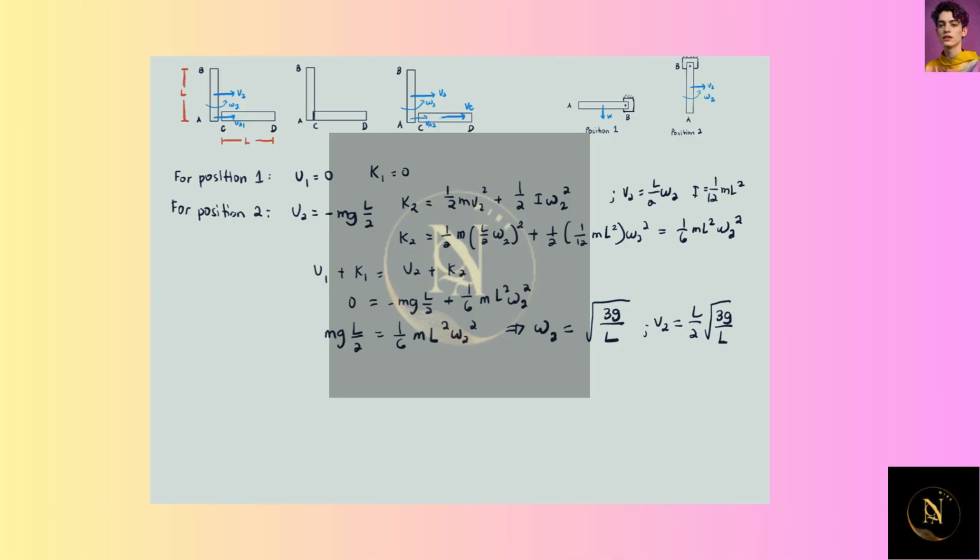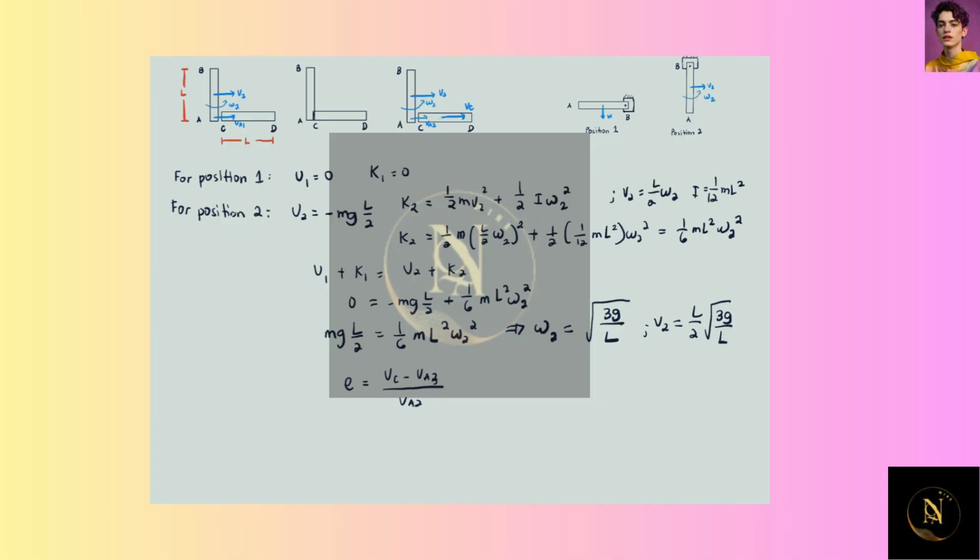To have more equations, we can also analyze the impact between point A and point C. The coefficient of restitution is e equals VC minus VA3 over VA2.